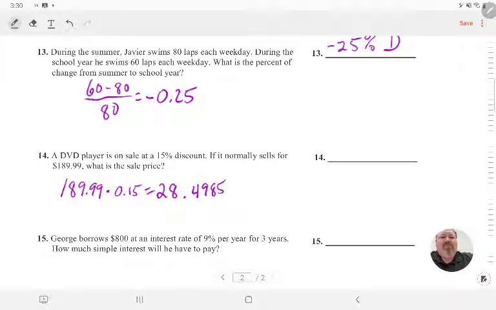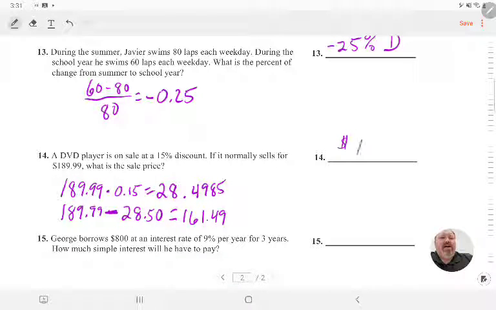So I'd round that up to $28.50. And then I would take $189.99, subtract the discount of $28.50, and that's going to give me $161.49. That's one way I could do it.